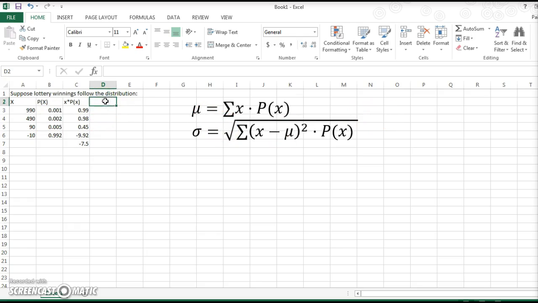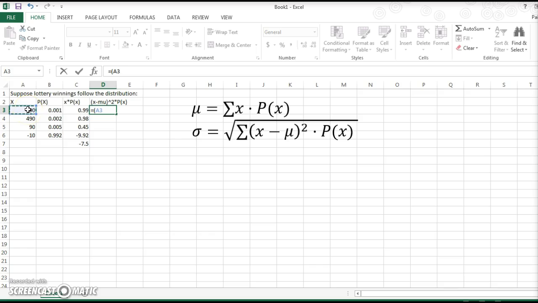So let's make a column. We're going to say x minus mu squared, and then times p of x. So in this column, we're going to do parentheses. Sorry, we forgot the equal sign, because it reads it as a formula. x, not p of x yet.